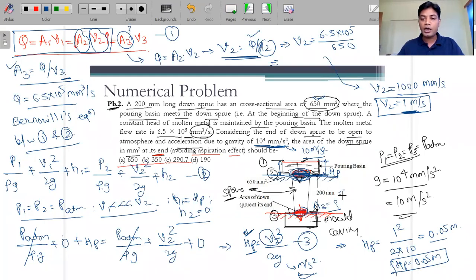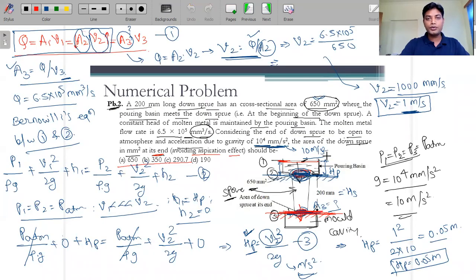We have the height of this sprue, that is HS. So now can we get the value of V3 here? Obviously, we can get the value of V3. Now what I'm doing is applying the Bernoulli's equation between point 1 and point 3. Point 3 is the datum level.